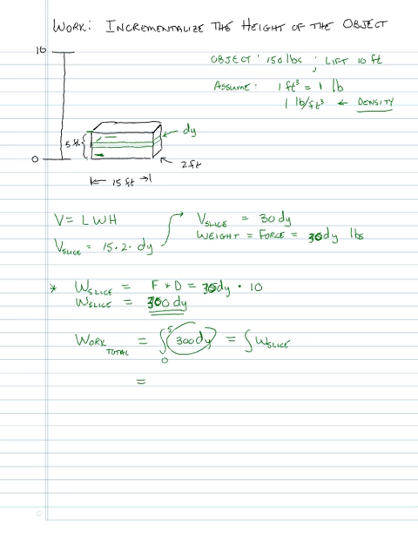Well, the integral of 300 with respect to y is 300y, and we evaluate that with this definite integral from 0 to 5. Of course, that's 300 times 5 minus 300 times 0, and you see that we get 1,500 minus 0, or 1,500 foot-pounds.